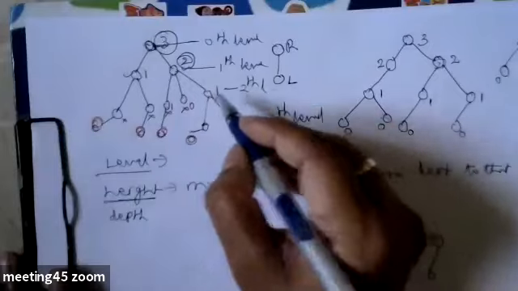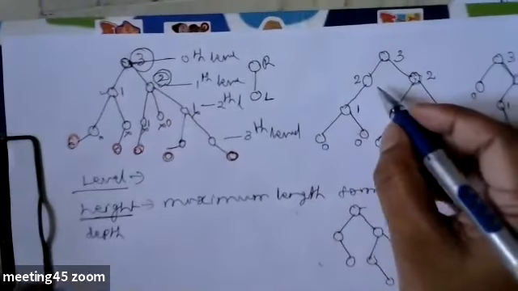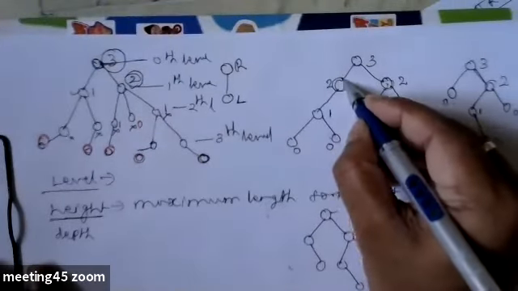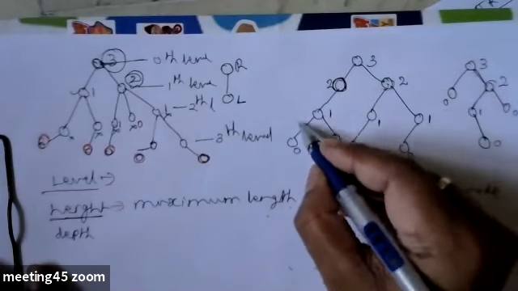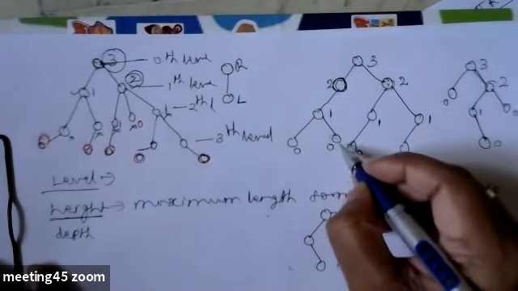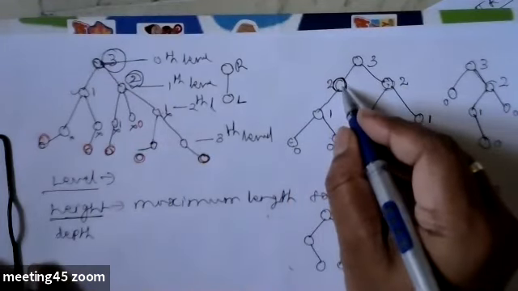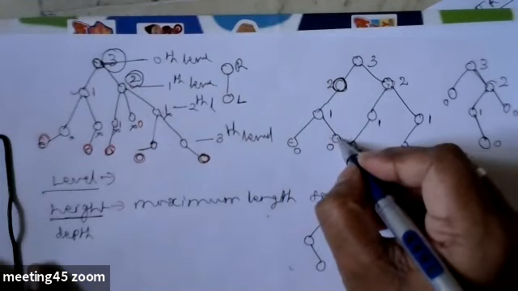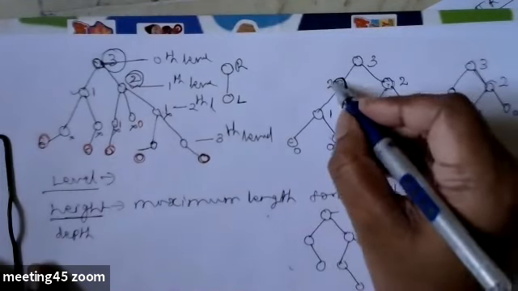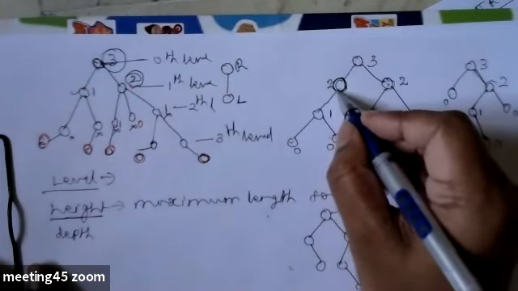If you look here, what is the height of this node? These are the children or grandchildren of this node. These two are the leaf nodes with respect to this node. Then what is the height? Either I can go this way, which is 2, or I can go this way, which is also 2.